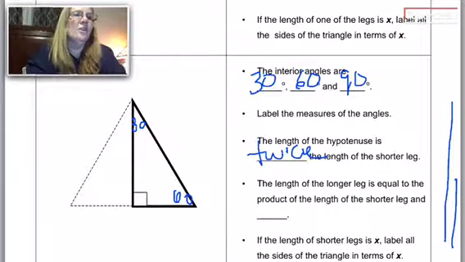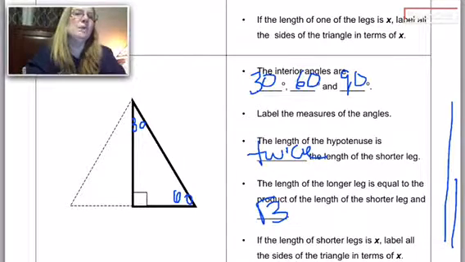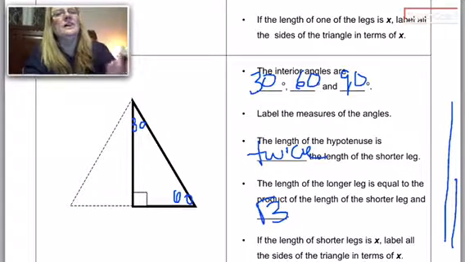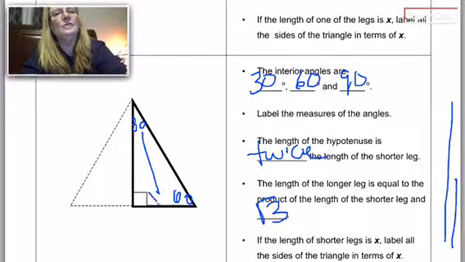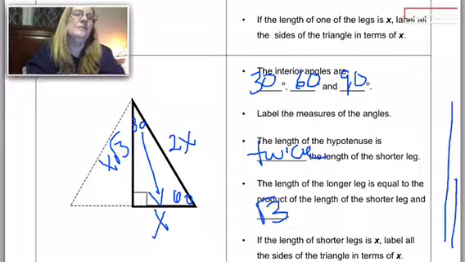And the length of the longer leg is equal to the product of the length of the shorter leg and the square root of 3. So in other words, the way that we can label this triangle is the side across from 30 will be x, the hypotenuse will be 2x, and the side across from 60 will be x times the square root of 3. Okay, so those are the rules, and then we are going to work on this practice in class tomorrow.